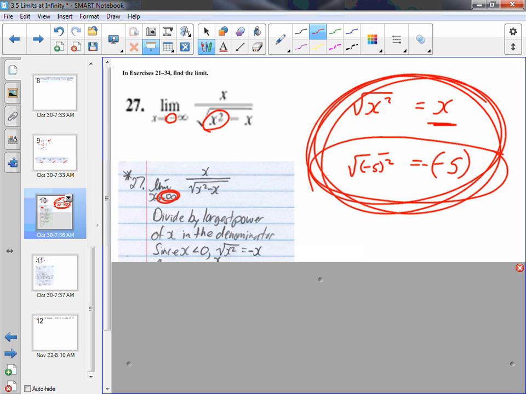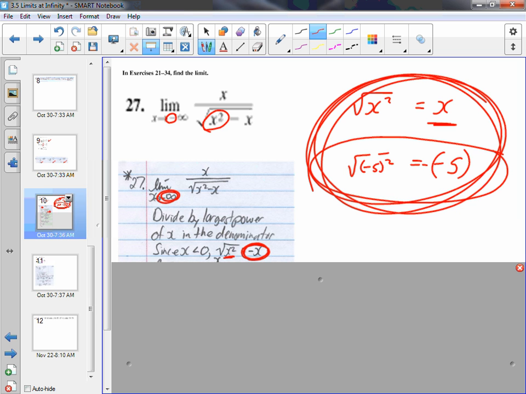Now, that being the case, the largest power of x in the denominator is an x squared, but it's under a square root sign. So, under the square root sign, I'm going to divide by x squared. Outside of the square root sign, I'm going to divide by negative x. I can do that because they're equal to each other.